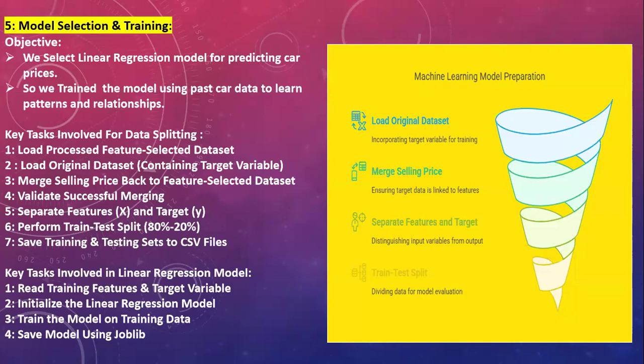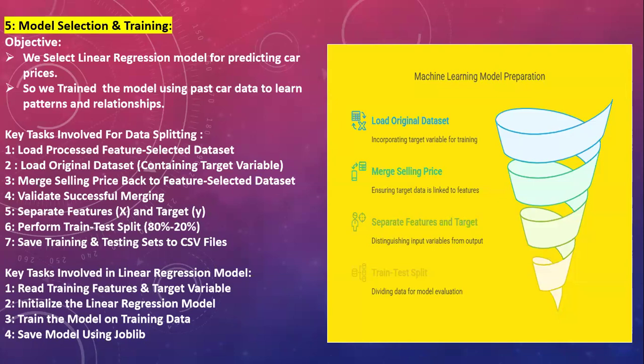First, we need to load the pre-processed feature selected data, which we got updated from the previous step. And we need to load the original data set containing the target variable, that is the car price. And we are going to match the selling price back to the feature selected data set. And we need to validate the successful matching.